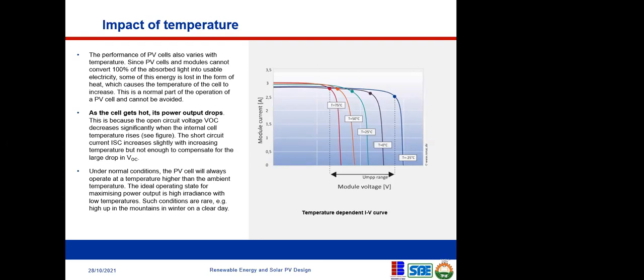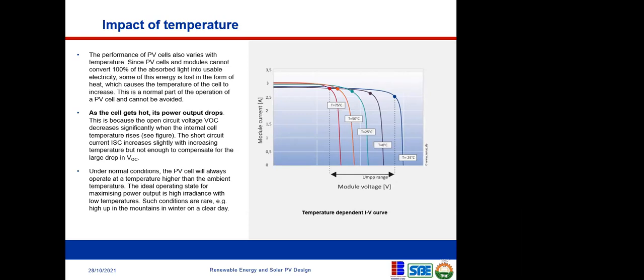I'm not clear with this particular temperature-dependent IV curve. I don't know the MPP range. I don't know how the voltage is moving. Is it moving along the horizontal axis? Towards minus 25 degrees C, I would expect an increase in voltage.